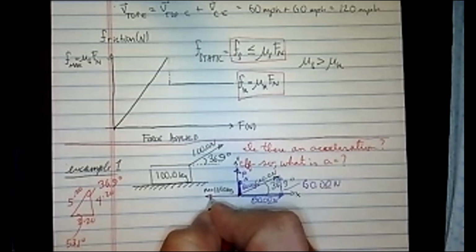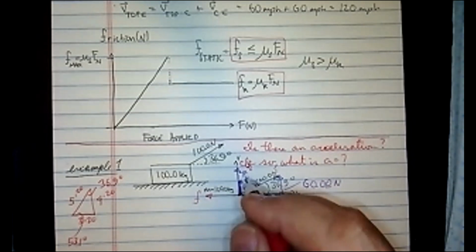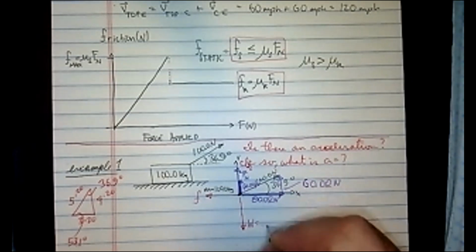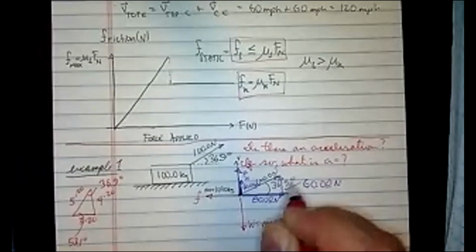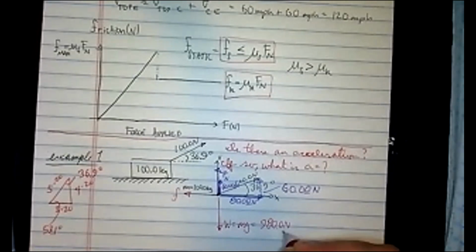So it's going to act this way, but I can't do anything other than just call it F because I know it's going to be a friction, but I have no idea whether it's static or kinetic, that sort of thing. And then finally, I have one more force acting on it, and that's the weight of the object, which is M times G, which is 980.0 newtons, again, carrying one extra digit.